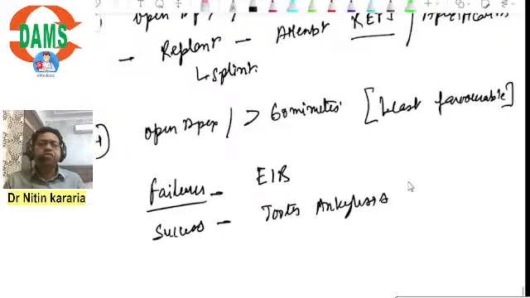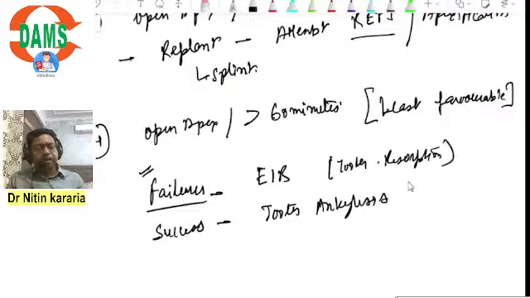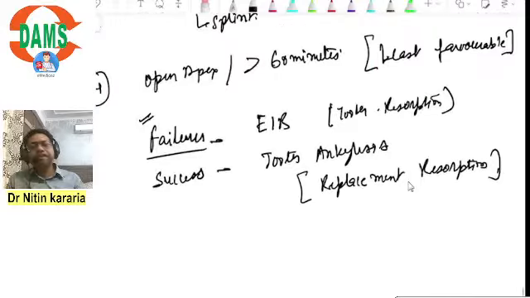So whenever there is a case of avulsion, we consider the majority of the failures to be external inflammatory resorption, which is also called tooth resorption simply, and tooth ankylosis, which is also called replacement resorption. If there is replacement resorption, the tooth would remain inside the oral cavity but fixed to the bone. It is considered to be the treatment success. Failure is external inflammatory resorption.